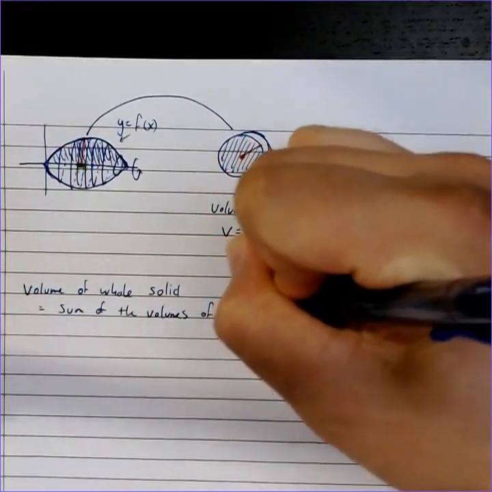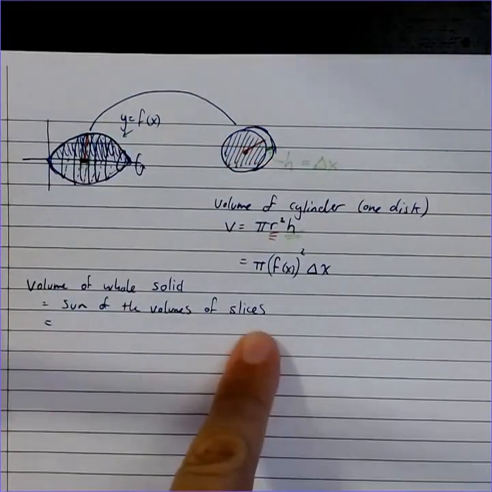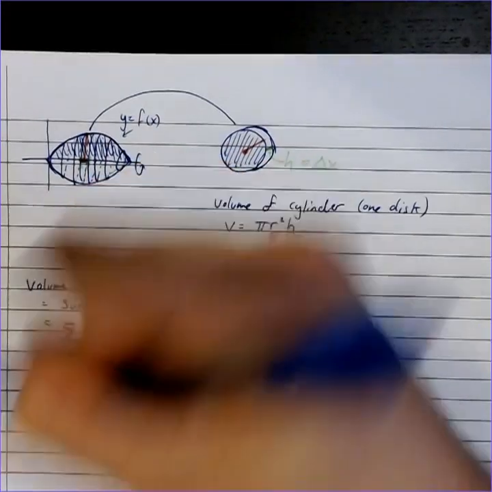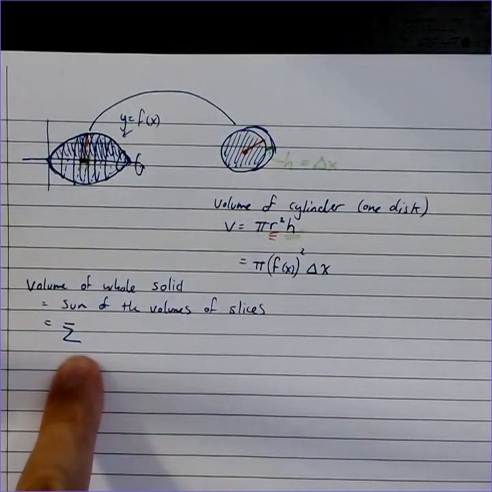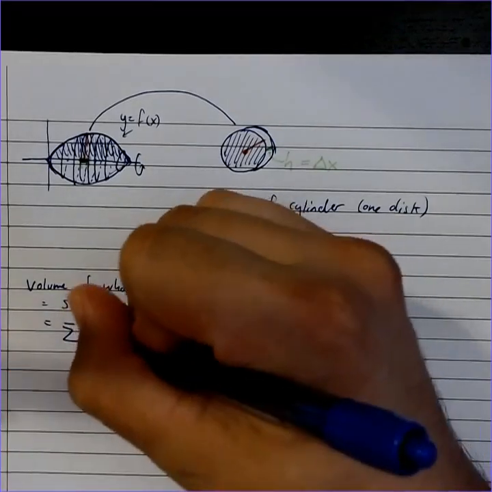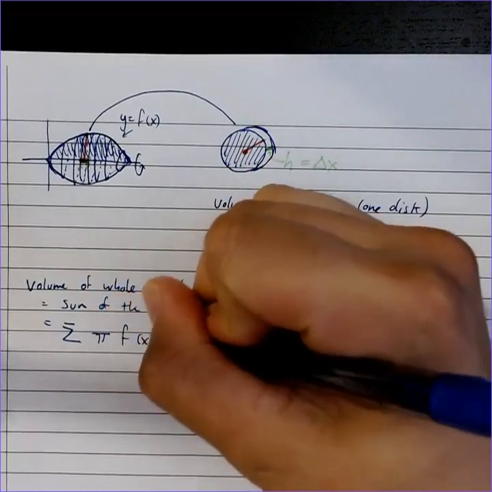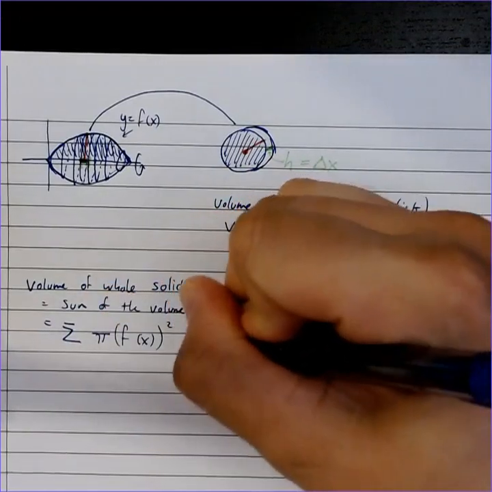I'm going to say the slices. Well, that's a nice sentence, but this is a calculus class. It's the sum of the volume of the slices. It's the sum of pi f of x quantity squared delta x.